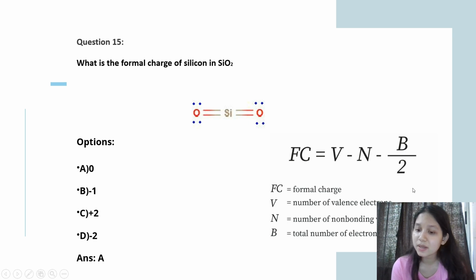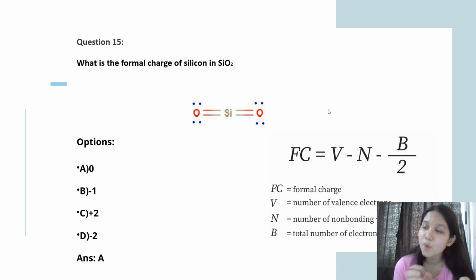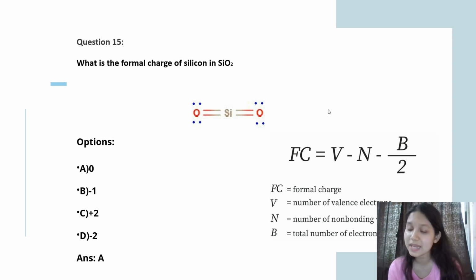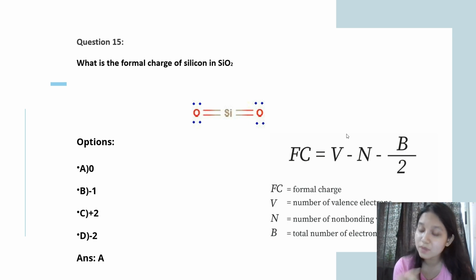If you are considering bond pair electrons, then you have to divide it by 2. But if you are considering the number of bonds formed by the central atom, then you do not have to divide it. I hope it is clear. If you are considering the individual electrons, like in case of lone pair electrons, we consider individual electrons.